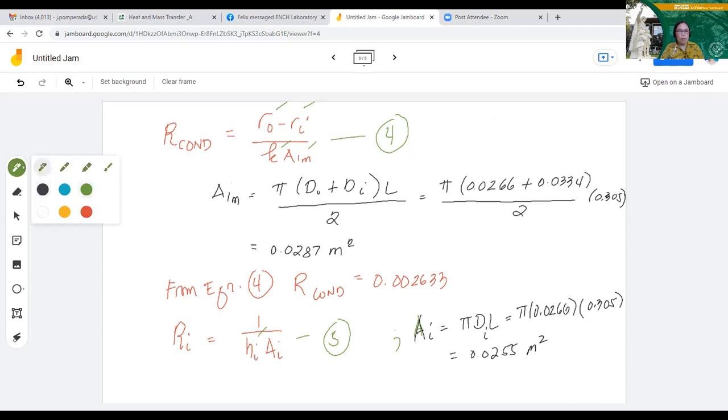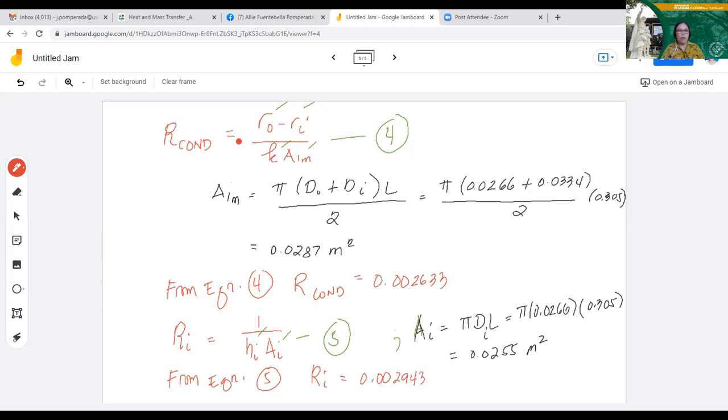So we know the A sub i already, so I'll just place it here from the equation. So we have R sub i, this is the convective heat transfer resistance in the inside part of the pipe that will have a value of 0.002943.